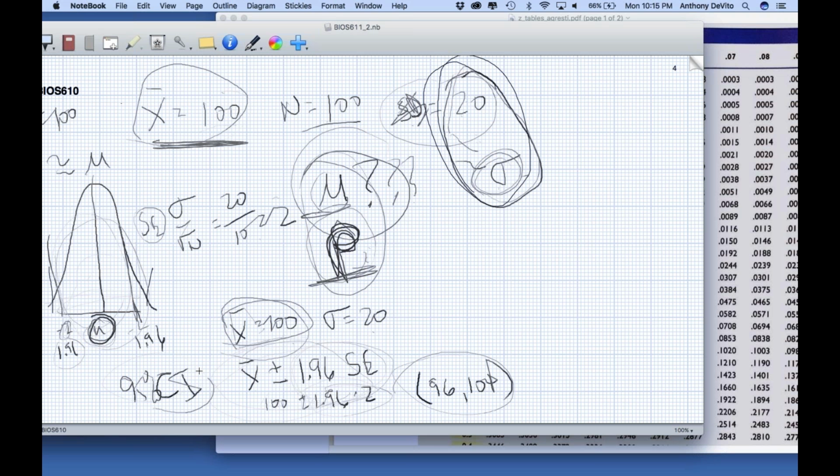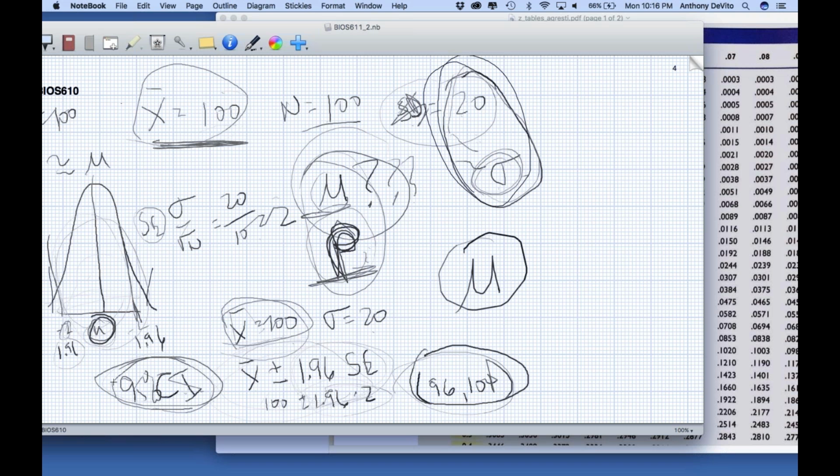So from now on, when we use this methodology, we're going to say we're 95% confident that the true mean, mu, is between 96 and 104. Our level of confidence is 95%.